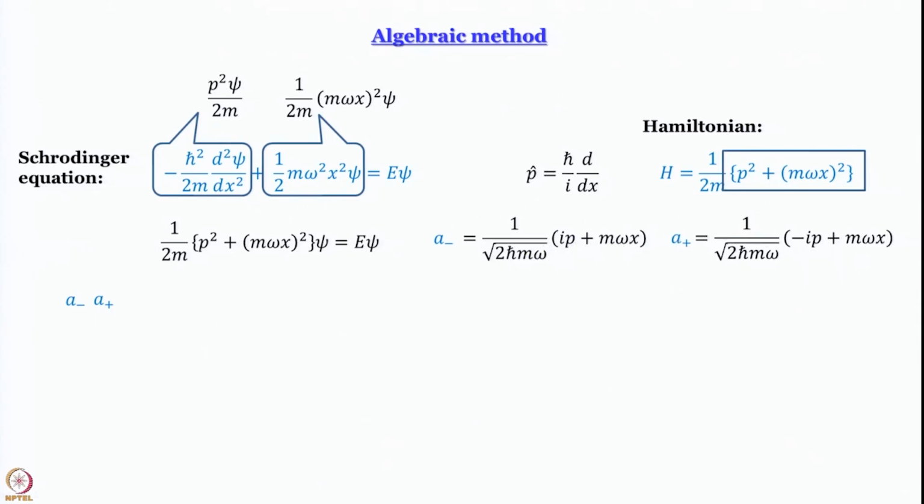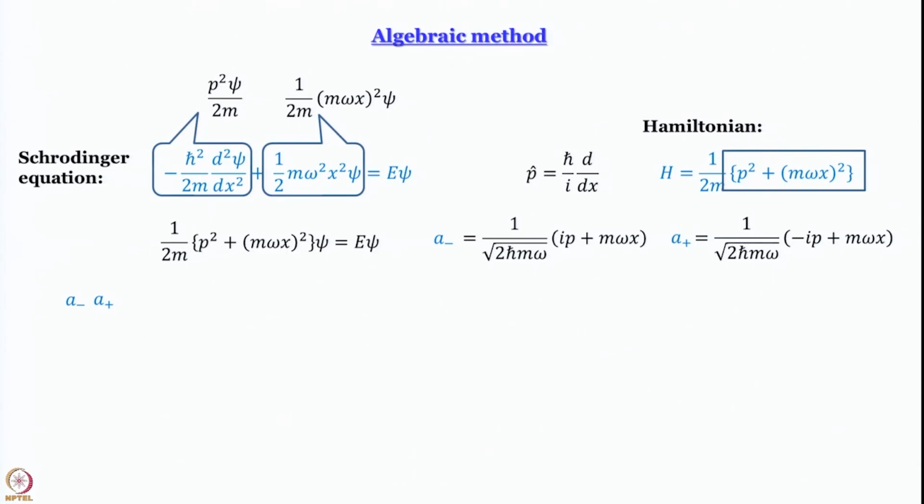If these were numbers p and m omega x, then just by multiplying them together I would have got the Hamiltonian. But obviously we will not, because these are not numbers, they involve position and momentum operators. So, let us see what we get. Essentially we are going to express the Hamiltonian in terms of these operators a minus and a plus, the ladder operators, and we will see why they are called ladder operators of all things.